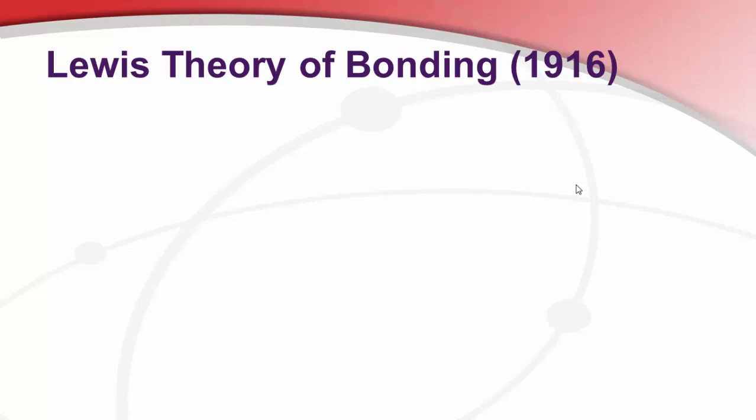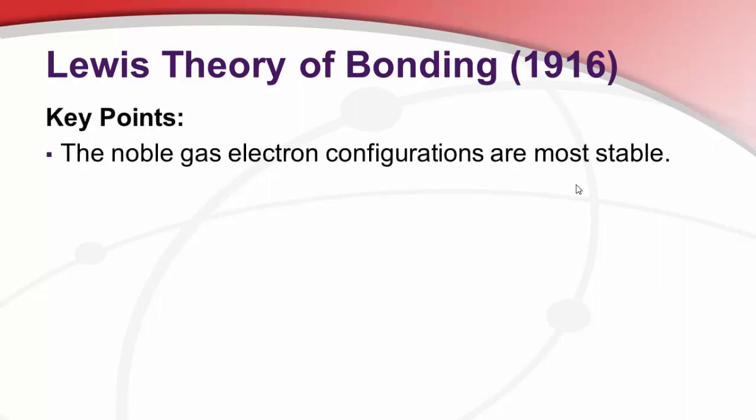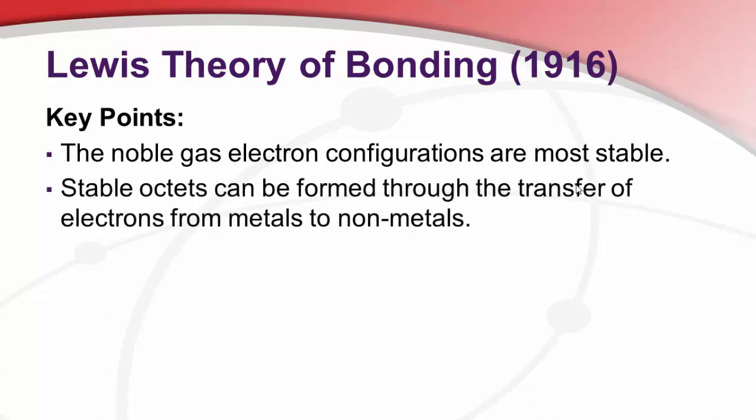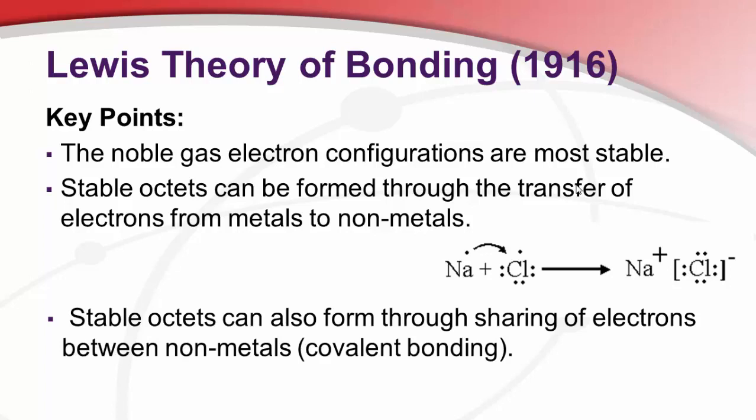So it's a good idea for us to start around the Lewis theory of bonding from almost exactly 100 years ago. The key point around Lewis theory is that the noble gas electron configurations are the ones that are most stable. And these stable octets can be formed through the transfer of electrons from metals to nonmetals, as is shown in this reaction between sodium metal and chlorine.